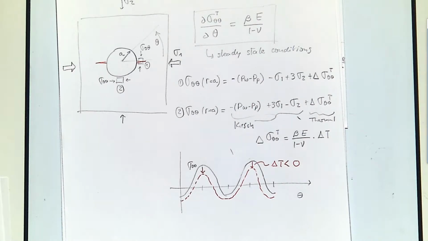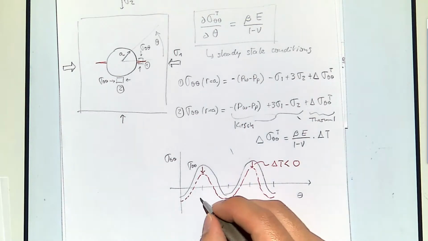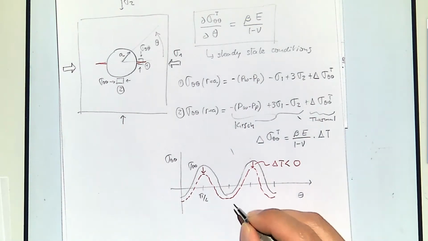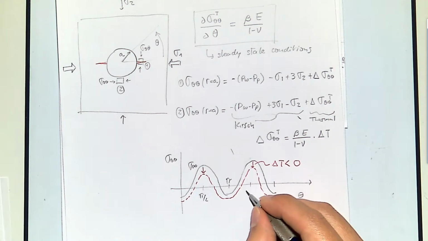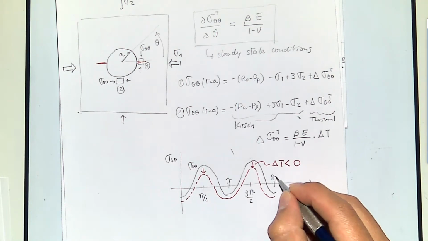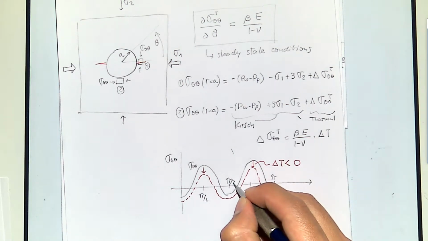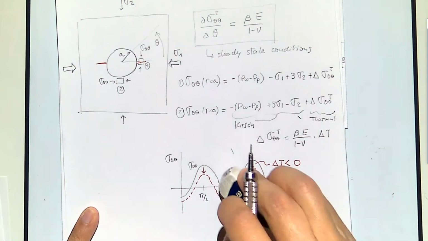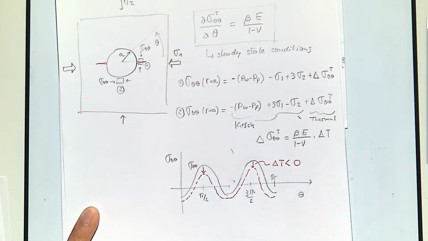The y-axis is stress, in this case sigma theta theta. And here this is pi over 2, pi, 3 pi over 2, and 2 pi.